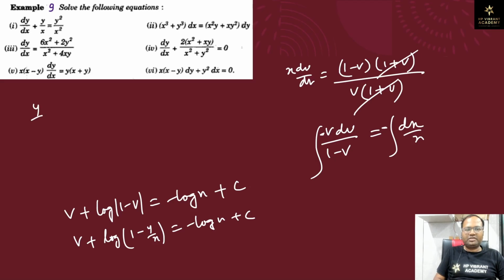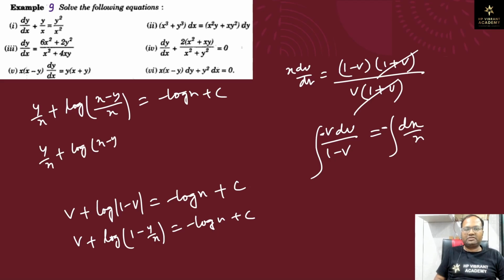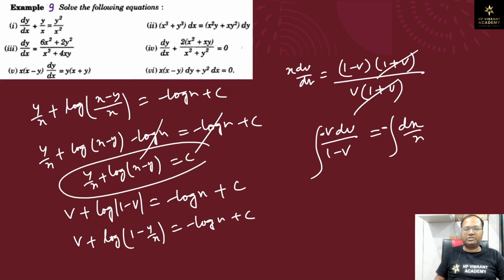So we have this as y upon x plus log of x minus y upon x is equal to minus log x plus c. So this is y upon x plus log of x minus y minus log x is equal to minus log x plus c. So this gets cancelled. So we have y upon x plus log of x minus y is equal to c. This is the general solution.